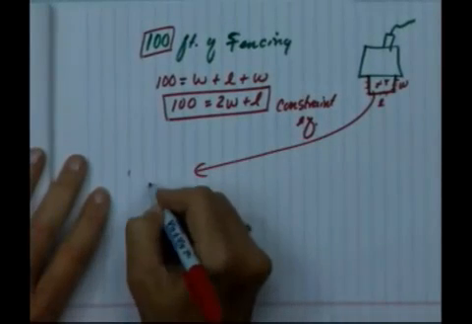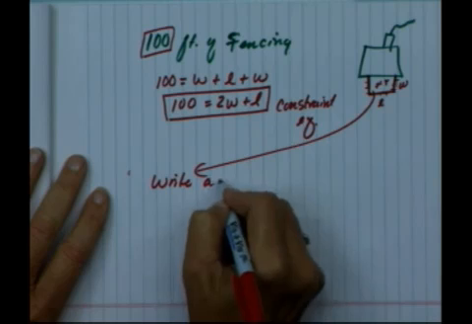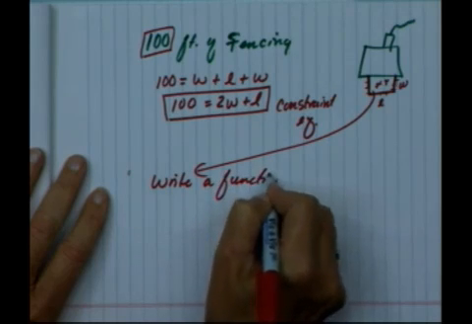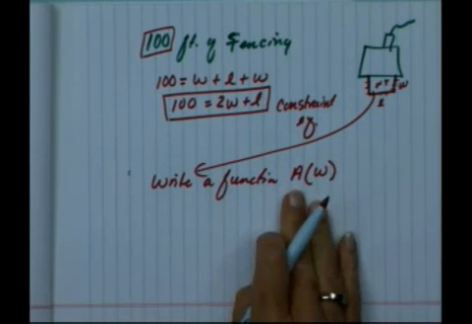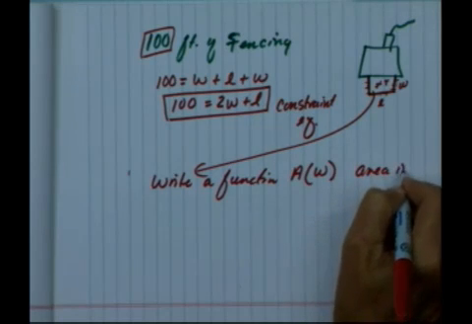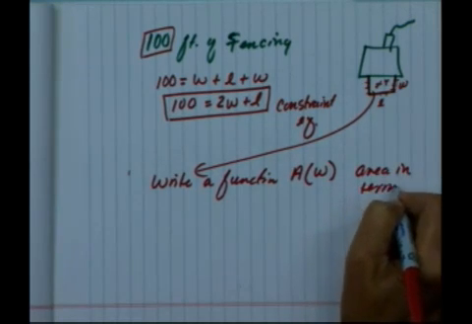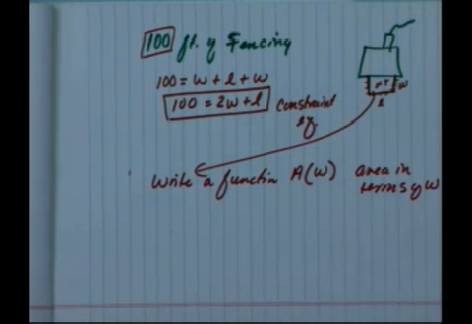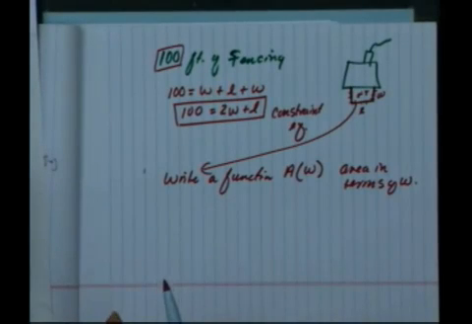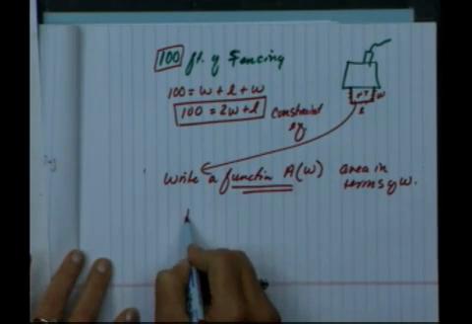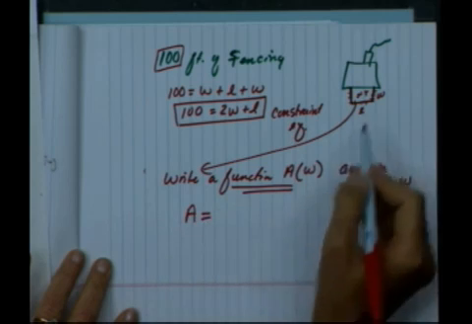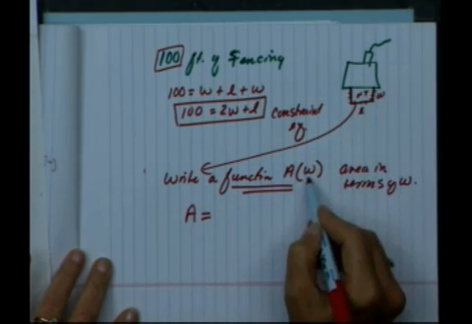So what we want to do is write a function, and we'll just pick W. We want to write the function area in terms of the width W. Okay, when you go to calculus, you want to be able to maximize the area. So we want to come up with a formula for the area of this rectangle, but we only want it expressed in terms of the width W.